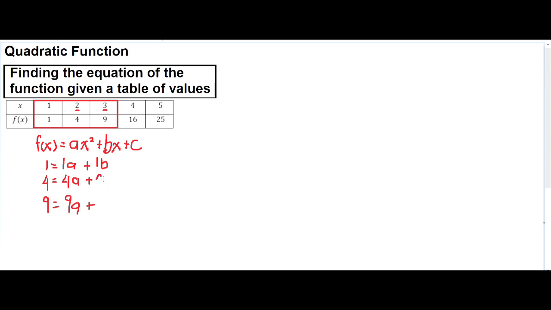Meron kang 2b. Ang susunod naman, yung 9 mo na f of x, ang x niya, 3. That's 3b. O, tapos wala ka naman ng isa-substitute dito sa c. So, meron kang plus c, plus c, plus c. Mas madaling way na yung tinuturo ko dito sa vid na to kung hindi nyo maintindihan yung nasa module.